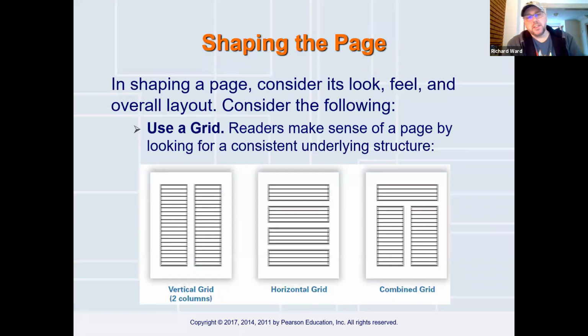In shaping the page, consider its look and feel and how the overall layout should be. Consider the following. Use grids. Readers make sense of pages by looking for a consistent underlying structure. So make sure that you have that going on. Vertical grids are the ones you see typically printed in IEEE documents. I know that's probably sounding funny for you guys because Michigan Tech does a modified version of IEEE.